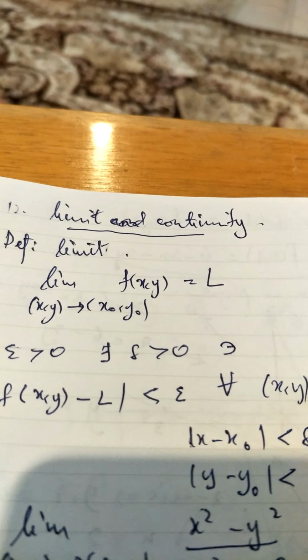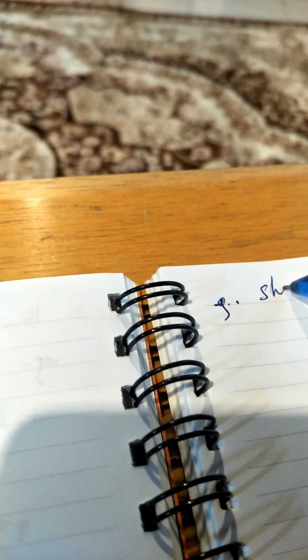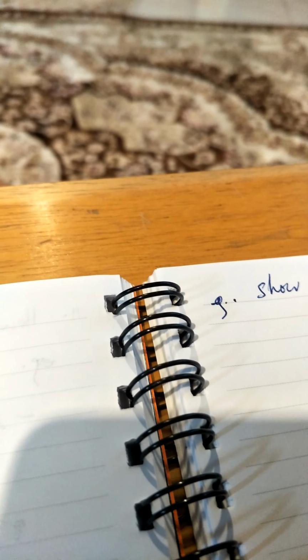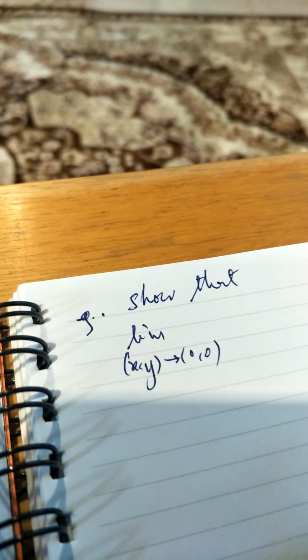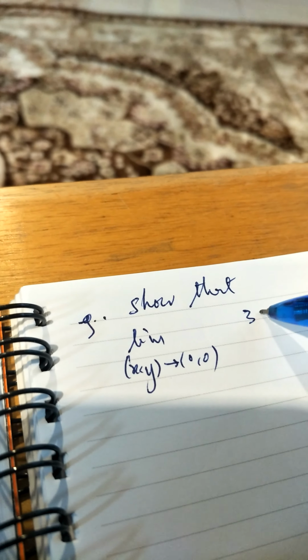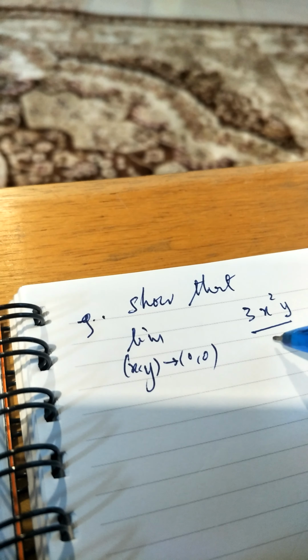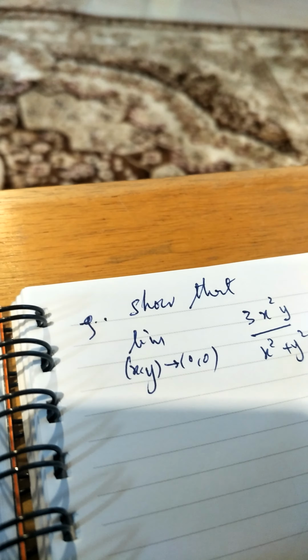For the second example, I would like to use the definition of the limit. So you need a function whose limit exists. Show that the limit as (x, y) approaches (0, 0) of 3x squared y over (x squared plus y squared) equals 0.